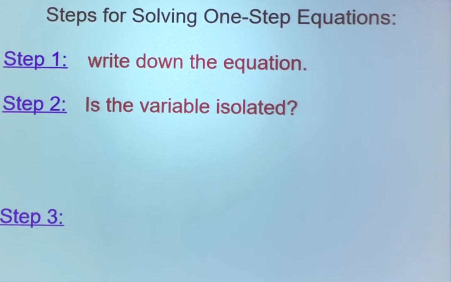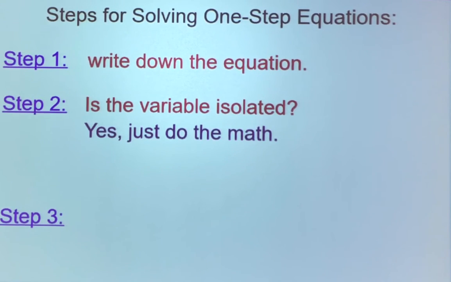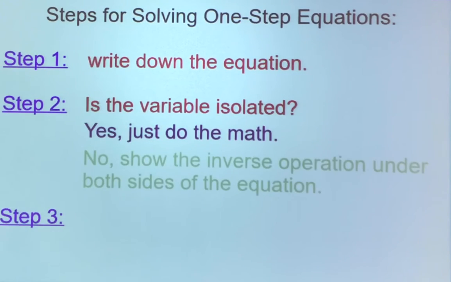If the answer is yes, all you have to do is do the math. Simply follow order of operations until there's nothing left to be done. If you answer no, you have to show the inverse operation under both sides of the equation. Now remember, we've already talked about inverse operations and how inverse operations are operations that undo one another.